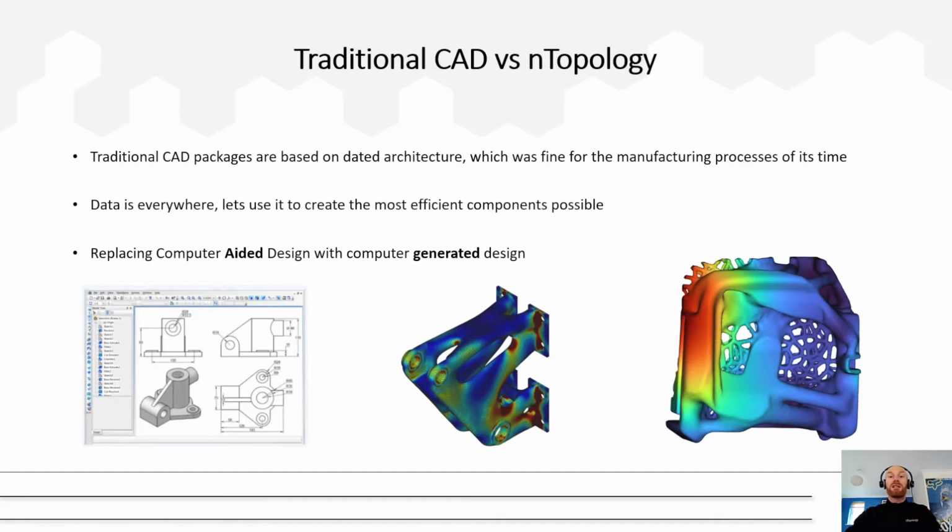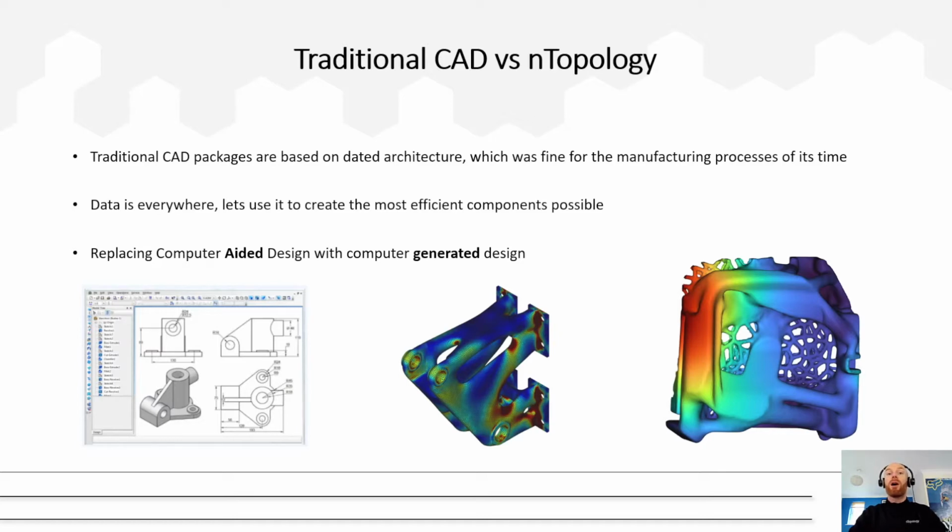Now, nTopology does things differently, and that's why we really believe it's a next generation design tool. We live in a world where data really is everywhere and it's everything, so why not apply it to designing parts? When we analyse and work with any other data sets, we have automated ways to process it. I can create a spreadsheet in Excel or write a program that someone else can use to solve complex problems.